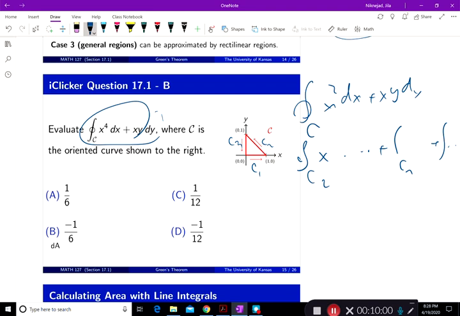It seems very lengthy, so I'm going to use Green's theorem instead. With Green's theorem, this is Q and this is P.